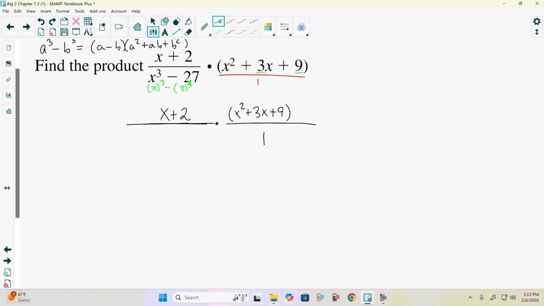Now for the first part, a minus b would become what? X minus 3, yes? A squared, well, that's going to be x squared, yes? Plus a times b would be 3x, plus b squared would be plus 9, yes?